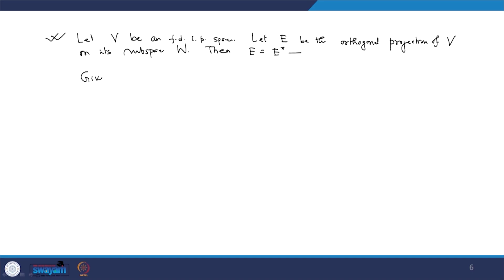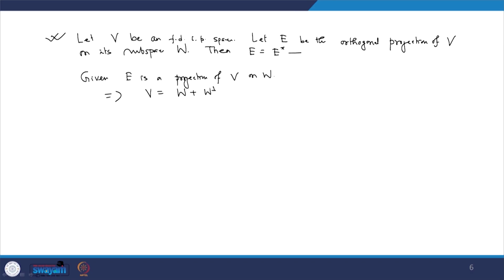Given E is a projection of V, and it is not only a projection, it is the orthogonal projection of V on W. So this implies I can write V as the direct sum of W plus its orthogonal complement.